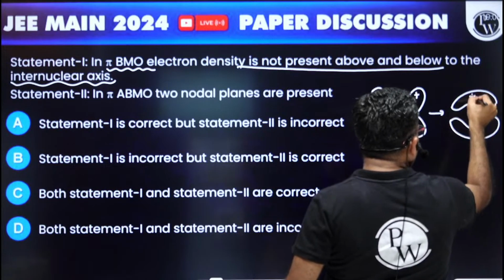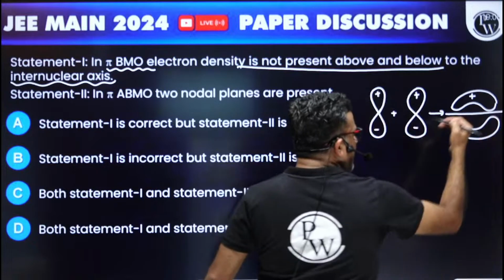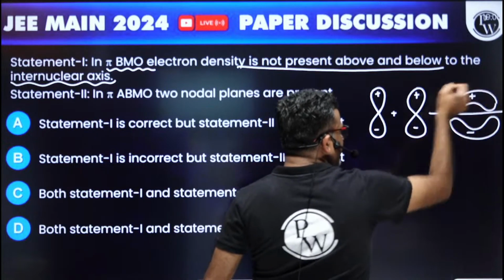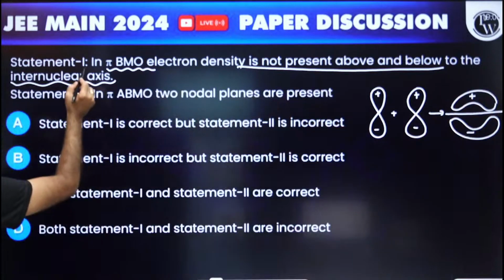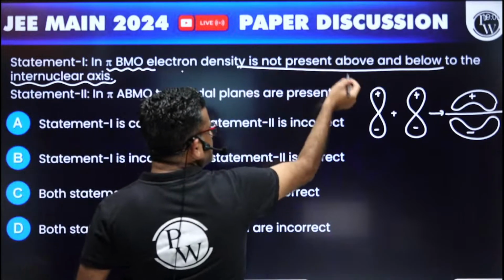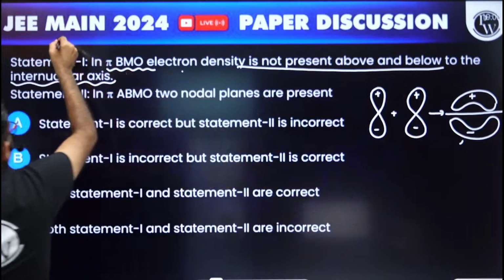And this is going to be your internuclear axis. Above the internuclear axis and below the internuclear axis, there is electron density. But what they have given? In pi bonding molecular orbital, electron density not present above and below. There is electron density present above and below. So therefore statement 1 is wrong.